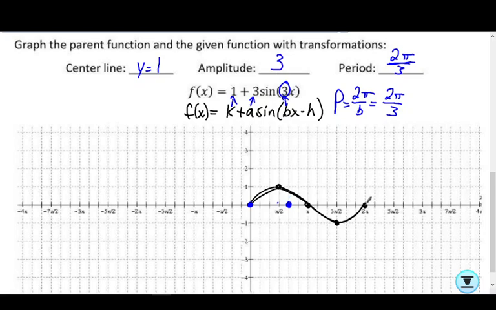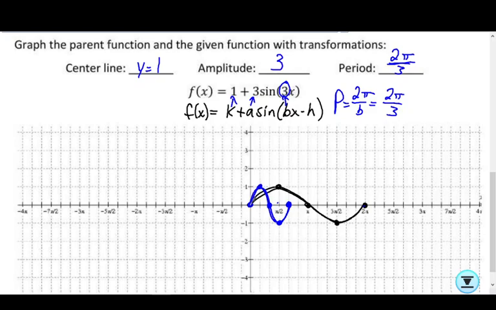So for instance, since the original one started here, ended here, this one's starting here, ending here. But in between these 2 points, there's a 0. So right in the middle, there should be a 0. And then in the middle of my zeros are where my maximums and my minimums occur. So this right here represents my sine wave.